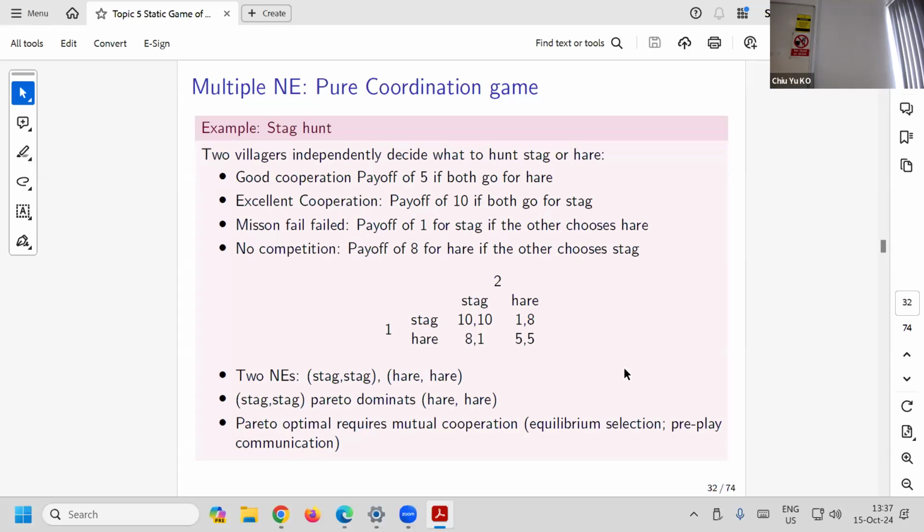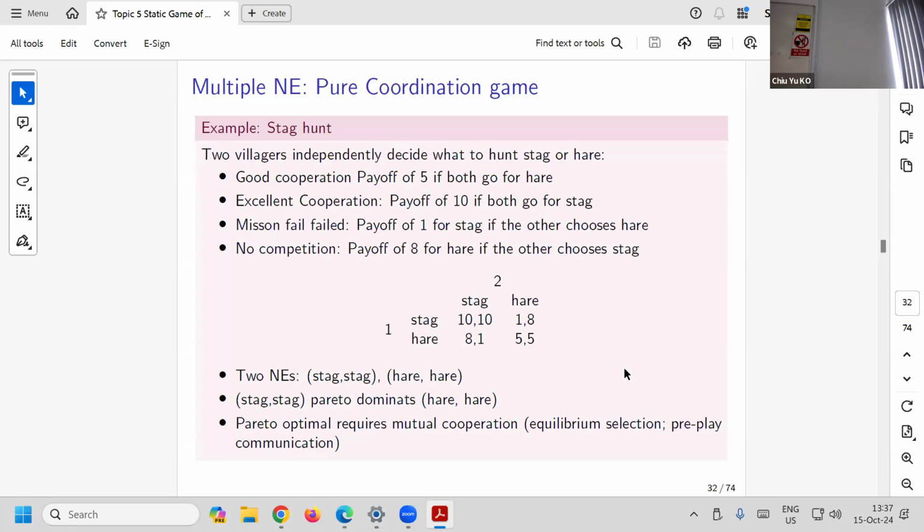Under 10 and 10, if player 1 switches from stag to hare, they get 8, so that's not the case, there's not going to be a deviation. Is player 2 going to change from stag to hare? It's going to reduce from 10 to 8. So 10, 10, or stag and stag, is an equilibrium.